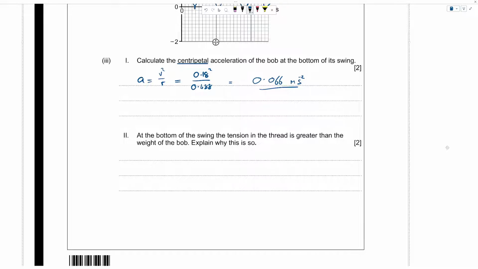So the fact that this has a centripetal acceleration implies that there is a resultant force. So there must be a resultant force, and in this case, that resultant force must be upwards.